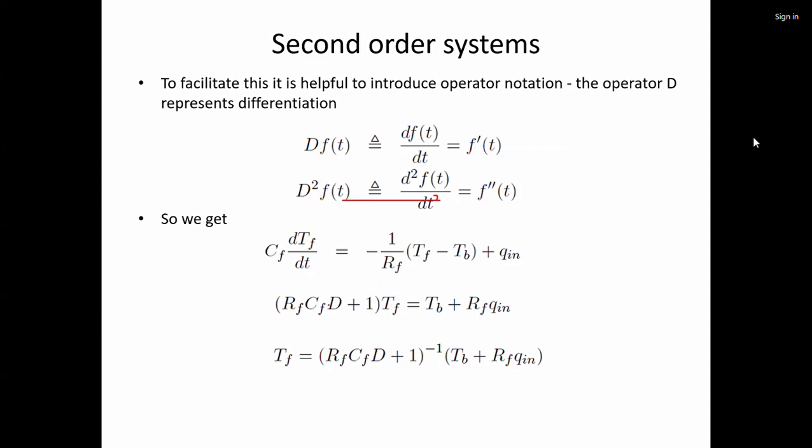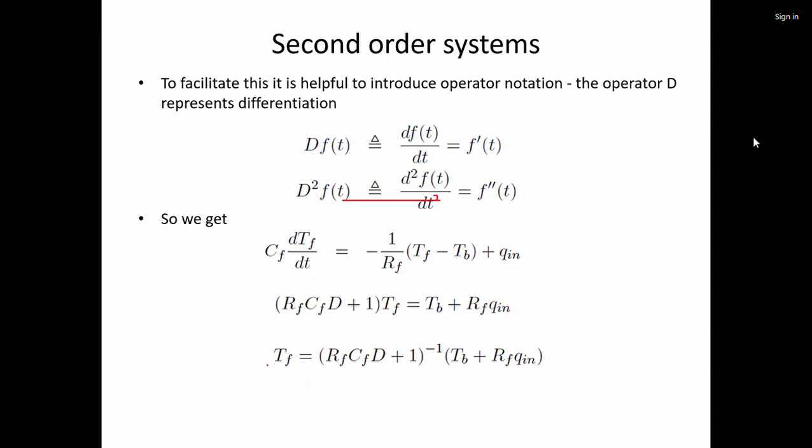Okay. So basically this is d by dt of TF. This is only TF when multiplied. So that is equal to TB, because here there is a minus sign, it is equal to TB plus, you multiplied RF both sides, so RF into QN.